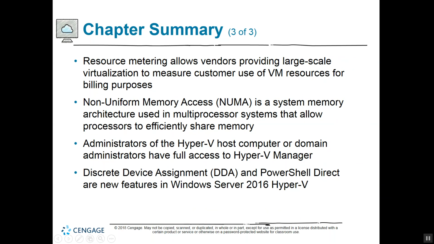Now, resource metering allows vendors providing large-scale virtualization to measure customer use of a VM resource for billing purposes. Non-uniform memory access, or NUMA, is a system memory architecture used in multiprocessor systems that allows processors to efficiently share memory. Administrators of the Hyper-V host computer or domain administrators have full access to Hyper-V Manager. When it comes to DDA and PowerShell Direct, those are features in Windows Server 2016 Hyper-V.